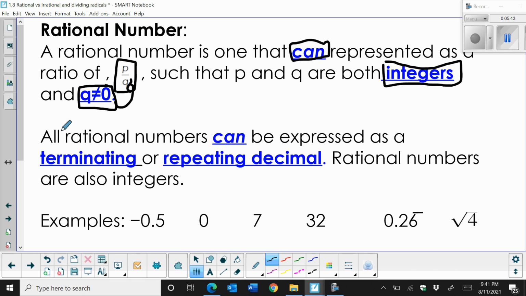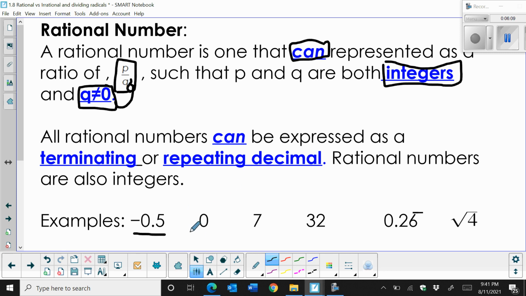Okay, the second part of that is all rational numbers can, so fill in can, be expressed as a terminating, T-E-R-M-I-N-A-T-I-N-G, terminating. That means one that stops, right? Or a repeating decimal. So let's talk about a terminating decimal.